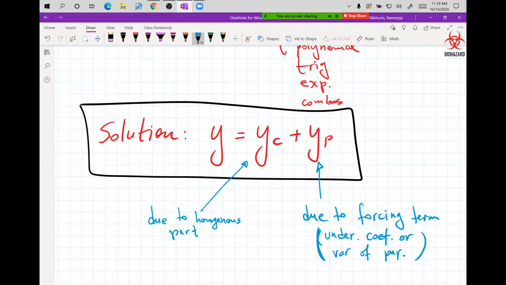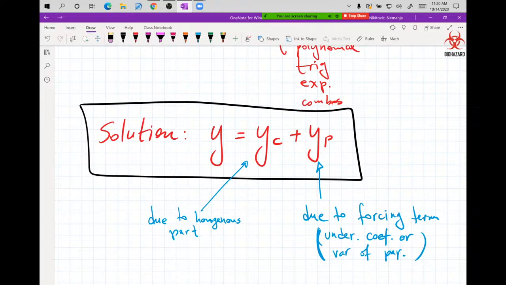So we have the complementary solution. Guys, this part is what you have learned so far. It stays unchanged. The only thing that we are learning today is to come up with this extra piece that is added as a term to your solution, and that one is going to be computed through undetermined coefficients.